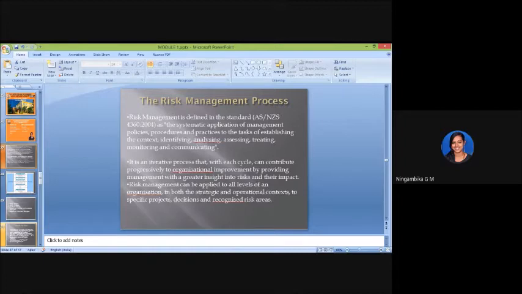This is the meaning of risk management according to the standard AS/NZS 4360:2004. It says, in a very general manner, we can say risk management is an iterative process in which each cycle can contribute progressively to organizational improvement by providing management with greater insight into risks and their impact.